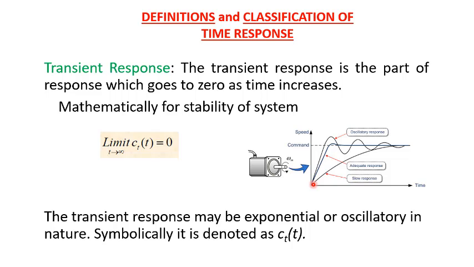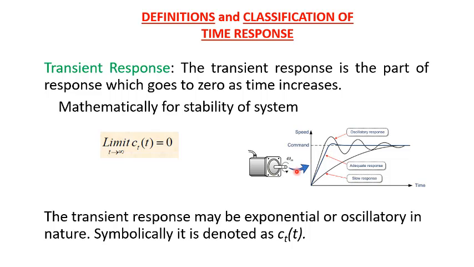If it has a slow response, it will be like this. If it has an adequate response, in the beginning it is going to be linear, then it is going to peak out and settle. If it has an oscillatory type of response, it will peak more than the set input and oscillate, and after a period of time it is going to settle down.